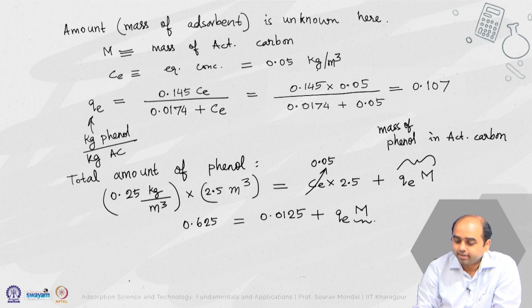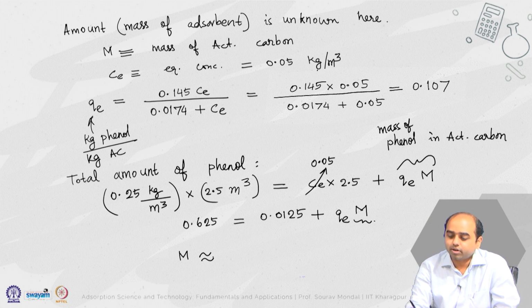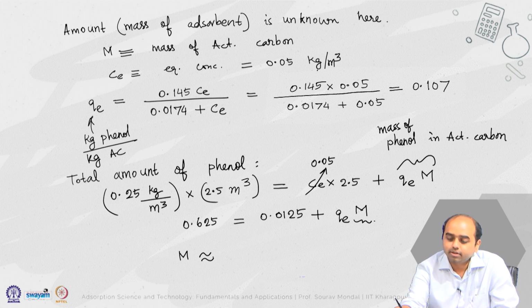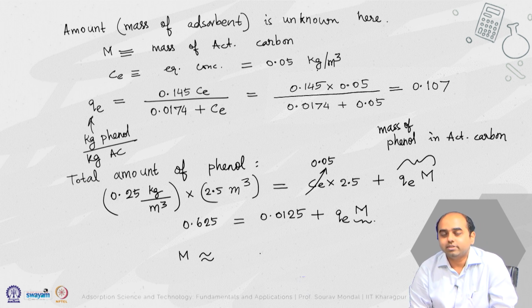So from here the value of m can be worked out in this case, and if you work out the numbers, the value of the total mass of the phenol in this case will come out larger than the value that was used in the previous case, which was 3 kgs to obtain a concentration of 0.1 kg per meter cube.